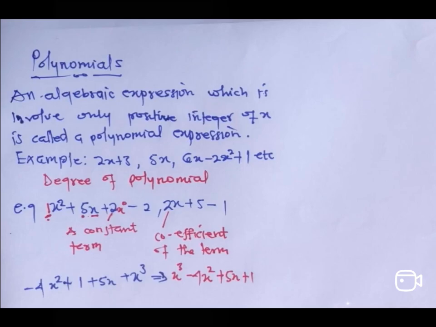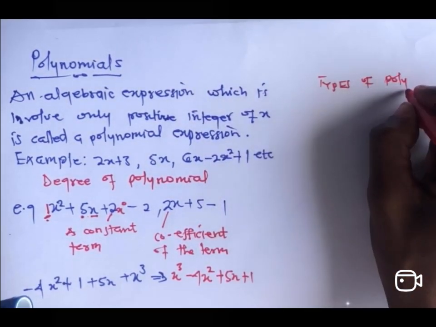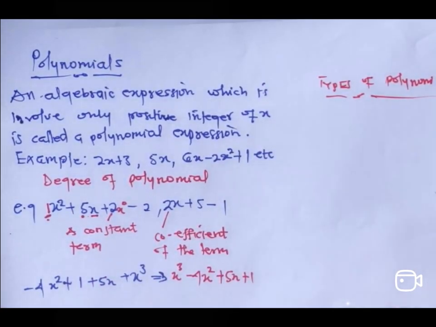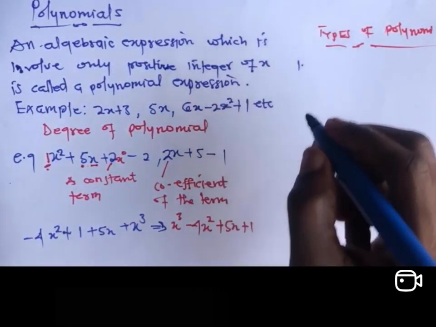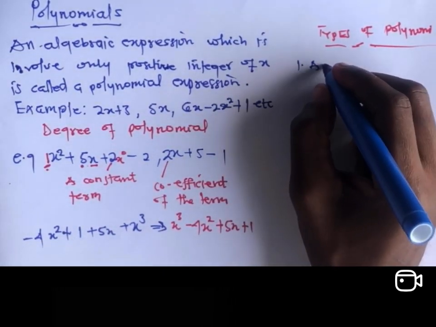Now let's look at types of polynomials. We have 1, a monomial.